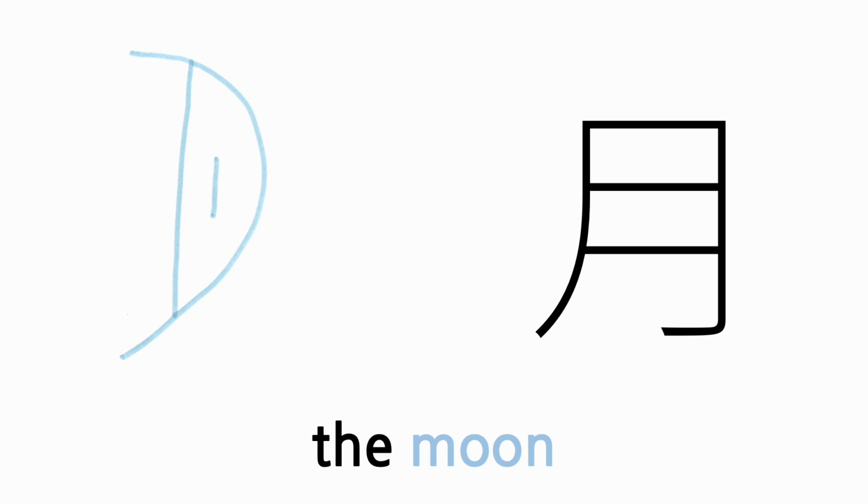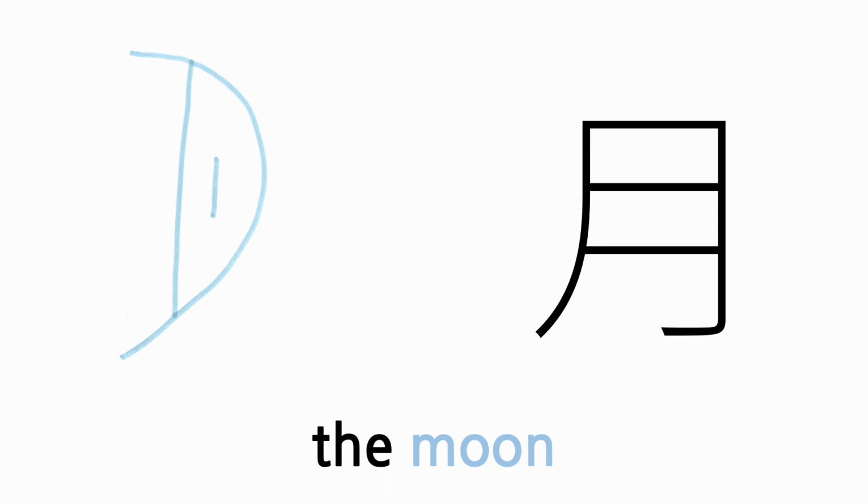So the thing is, when I've taught Chinese, I think one of the biggest hurdles that my students have had to overcome is accepting what they see when they cannot see a connection between what they see and what it means.